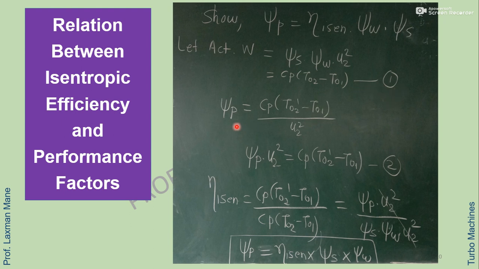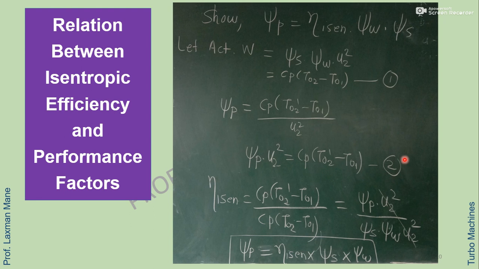Now as per the definition, psi p, the pressure coefficient, is equal to Cp into T02 dash minus T01, the isentropic work, divided by U2 square, that is the ideal work. So psi p into U2 square is equal to Cp into T02 dash minus T01.